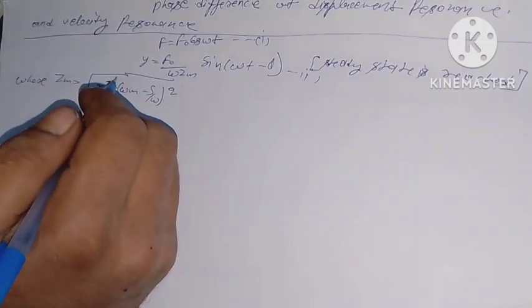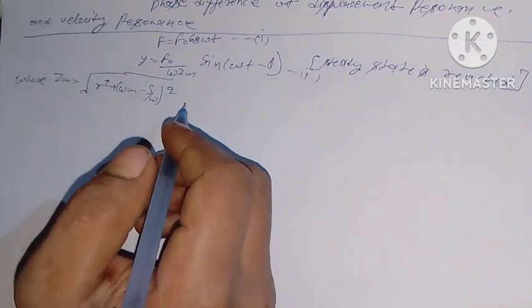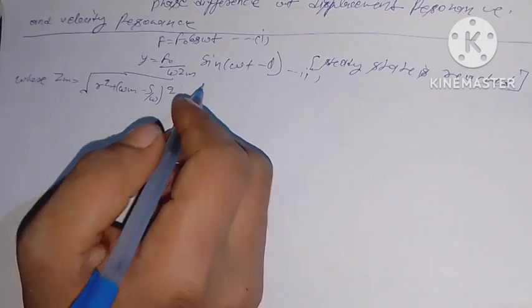R is the damping constant, m is the mass, and s is the stiffness, spring constant.